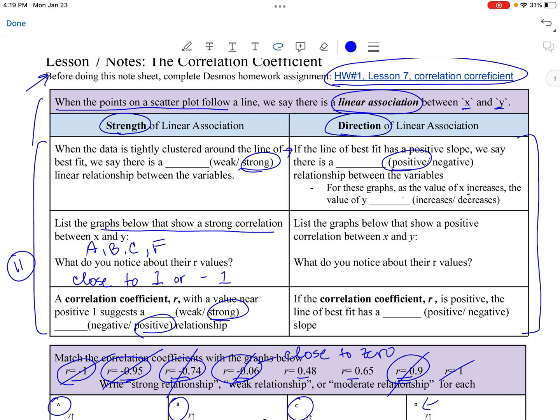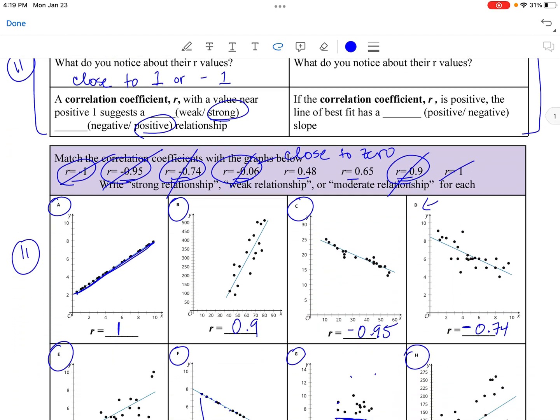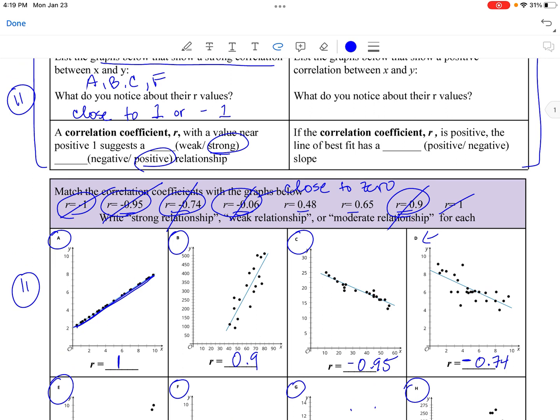For these graphs, as the value of x increases, the value of y also increases. The ones that show a positive correlation would be A, B, E, and H below. Their R values are all positive. If the correlation coefficient R is positive, the line of best fit has a positive slope.